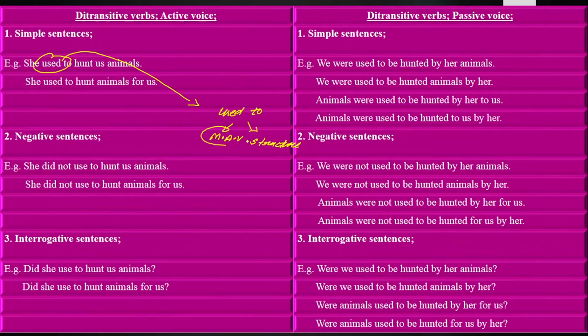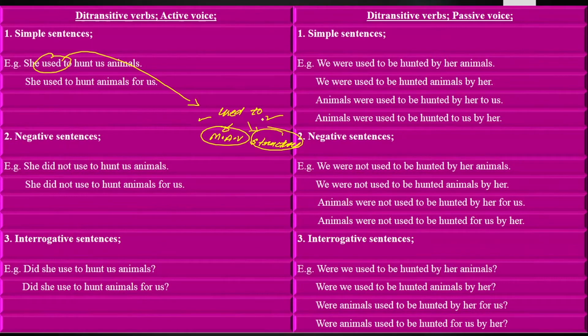As a modal auxiliary verb, we changed it in the previous lecture. And if it is a structure, today we will change it as a structure, how you are going to change it into passive voice.